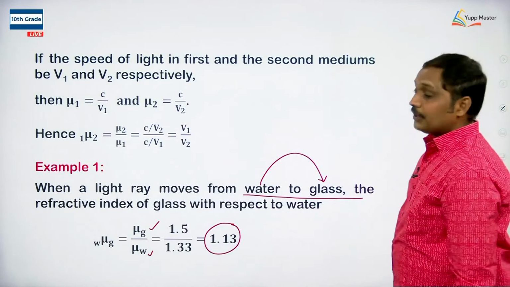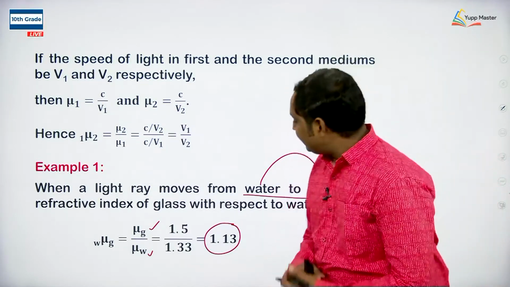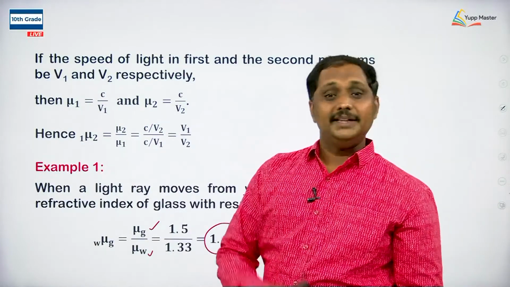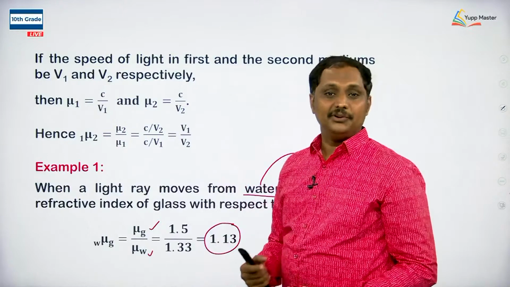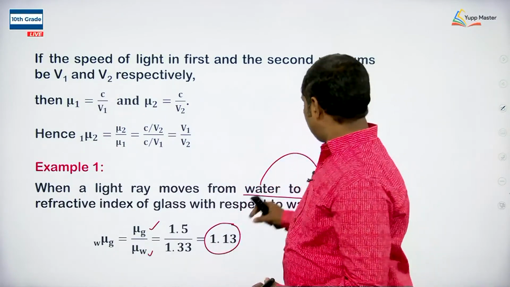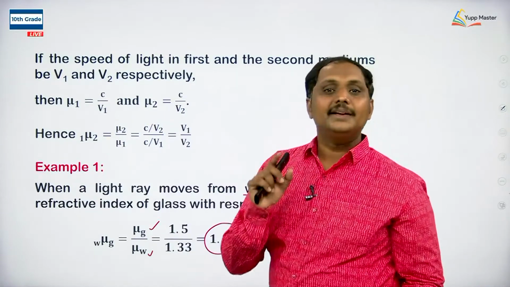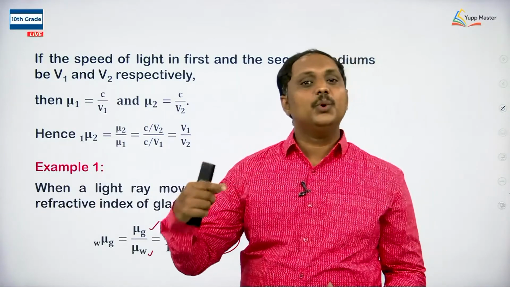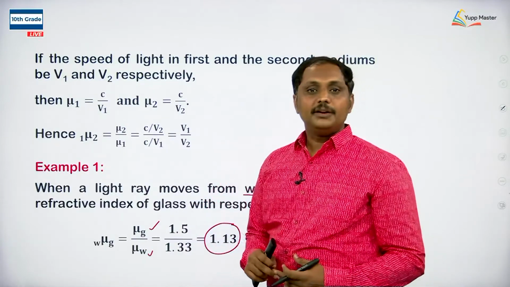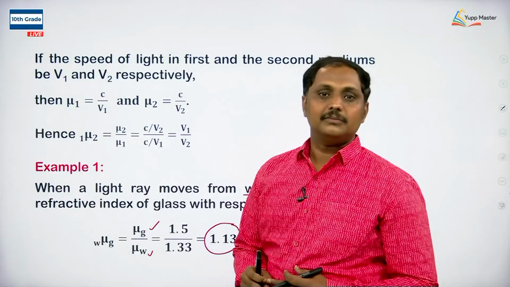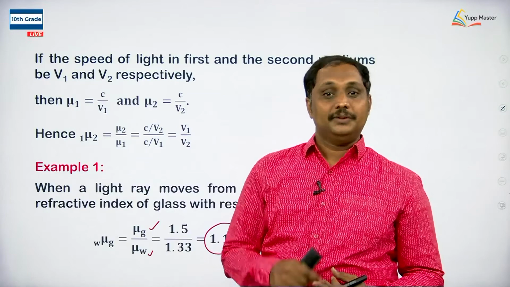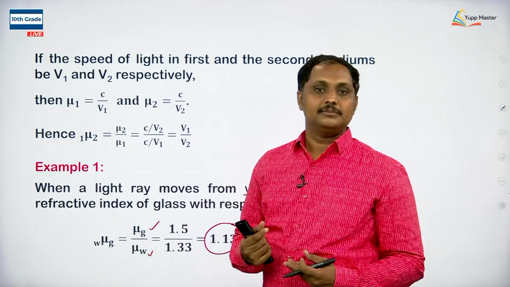Now, you can take that the light enters from glass to water also. In that case, you will find out the relative refractive index. So, whenever the light enters from one medium to another medium, you have the possibility to calculate the relative refractive index with respect to the first medium.